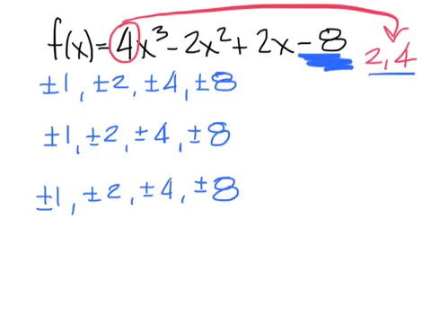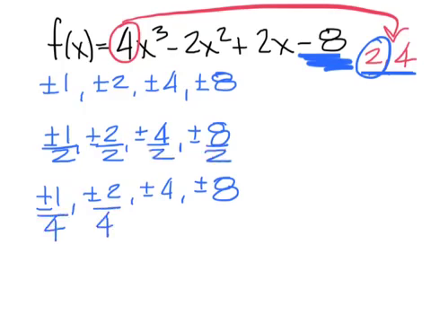Divide them all by these numbers here. So we can start with 2 and divide everything in this second row by 2, and then divide everything in the fourth row by 4. What do we do after we've done all of our divisions?